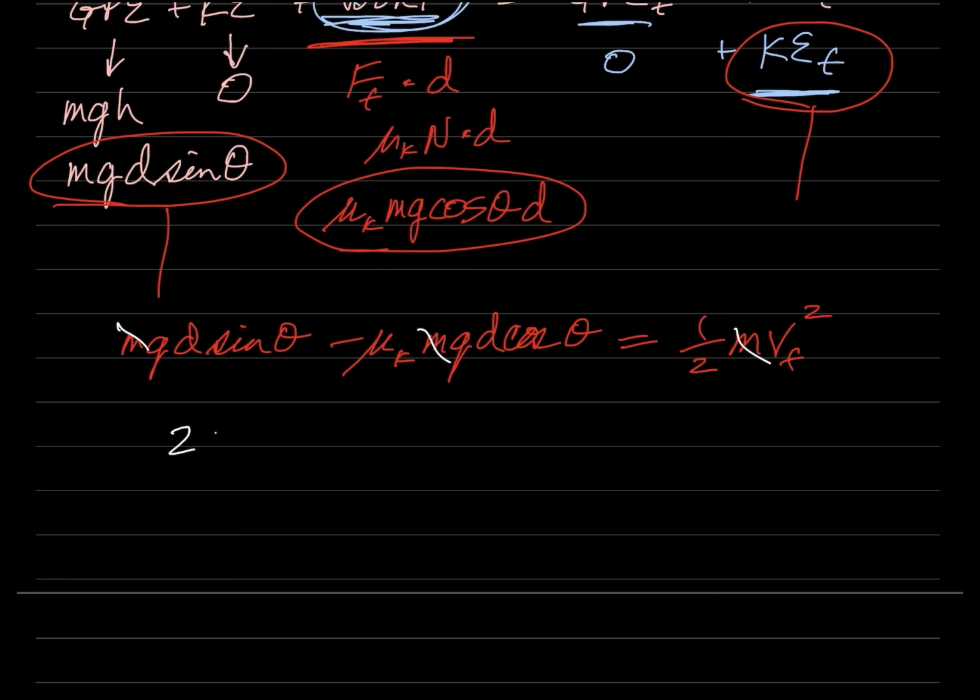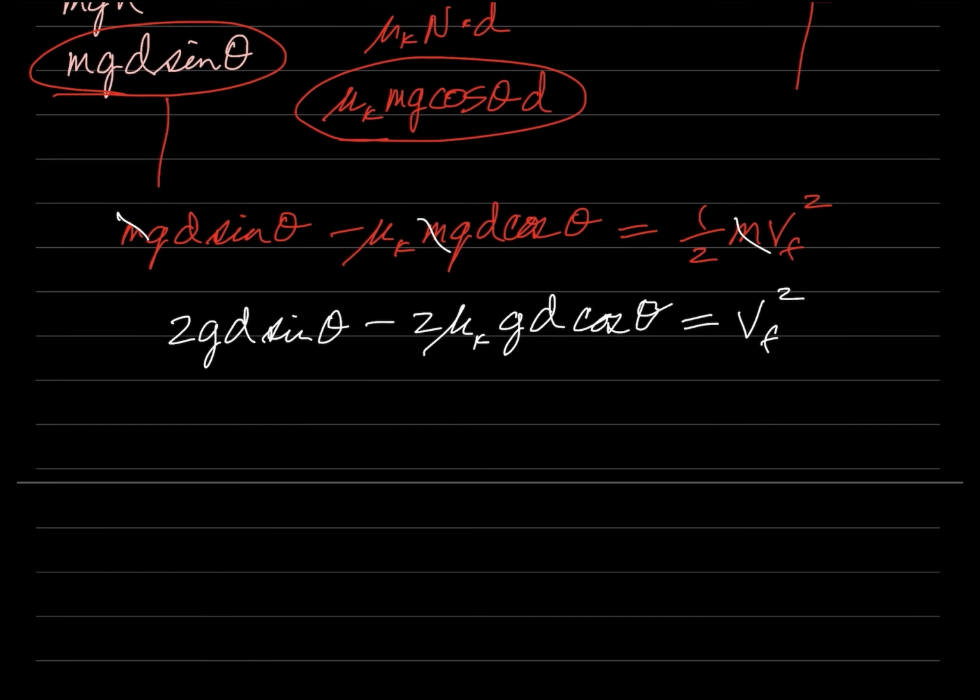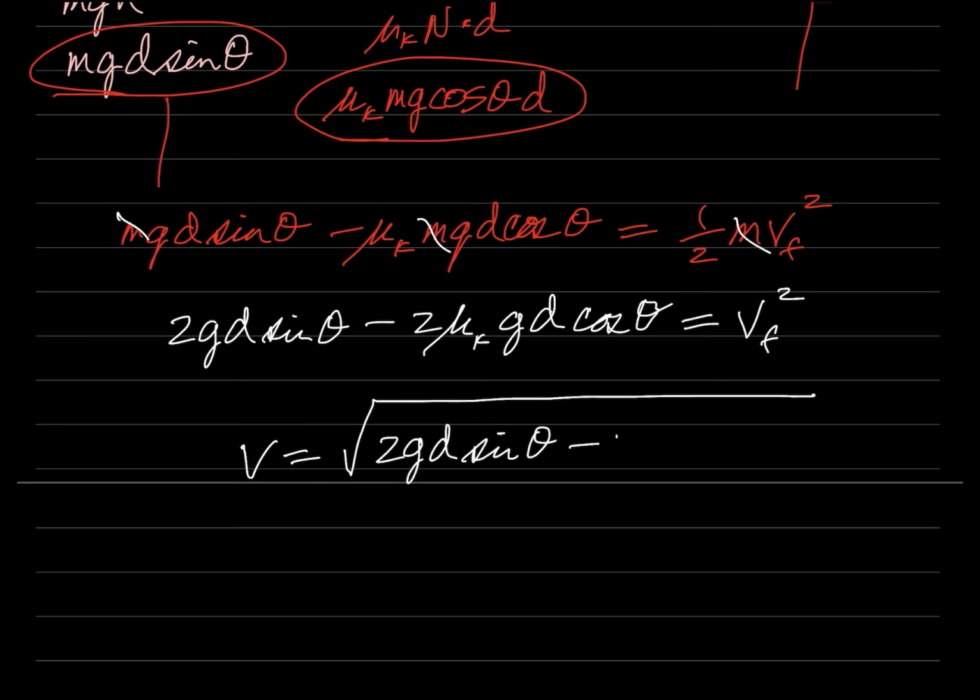We'll say 2g d sine theta minus 2 mu sub k g d cosine theta equals v sub f squared, and we're there. V equals the square root of everything on the left above: 2gd sine theta minus 2 mu sub k gd cosine theta.